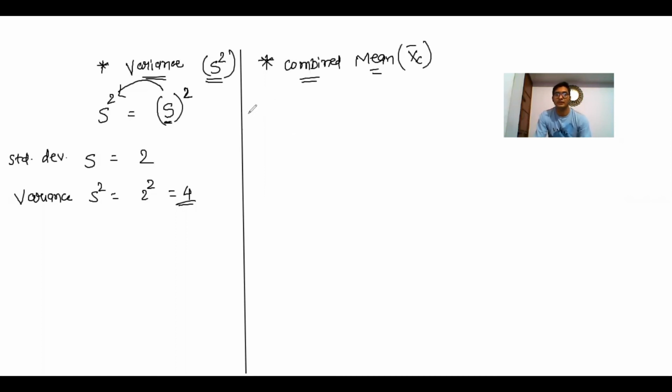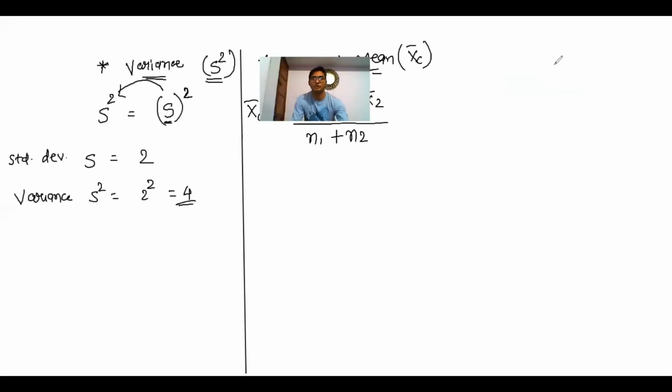The formula for x bar c is equal to n1 x bar 1 plus n2 x bar 2 and so on, divided by n1 plus n2. Okay, this is part of chapter number 3. But why am I covering it over here? Because it is for our third topic.